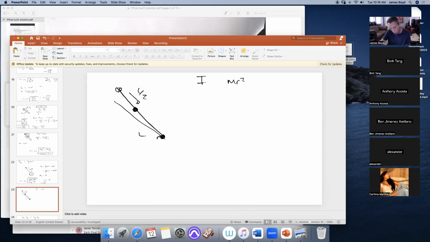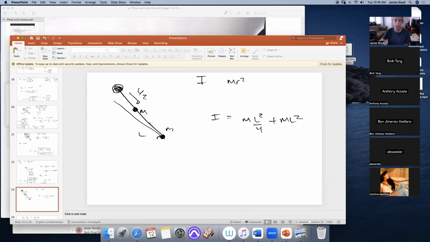If these two both have the same m, the moment of inertia of a thin rod with two masses on it rotating about this axis, I for the first one would be m times L squared over 4, so mr squared where r is L to the half. I for the second one would be m L squared, right? Because r for the second one is L.